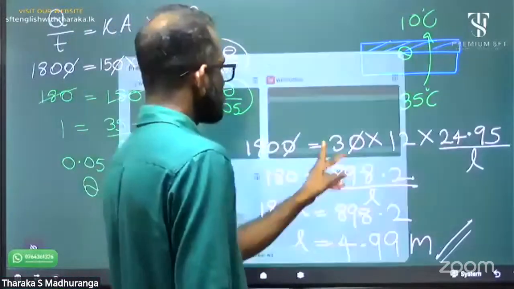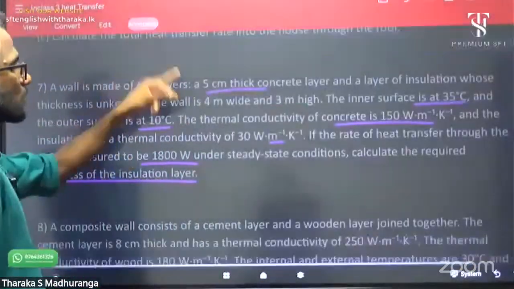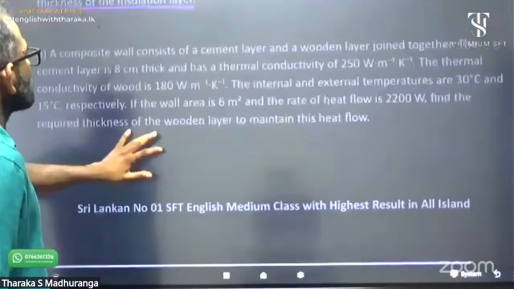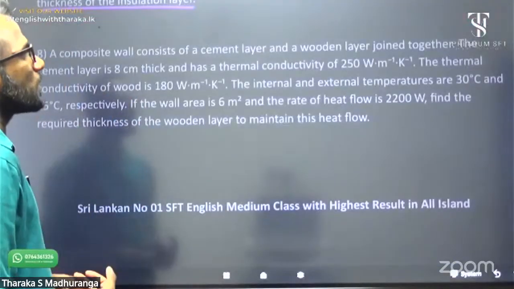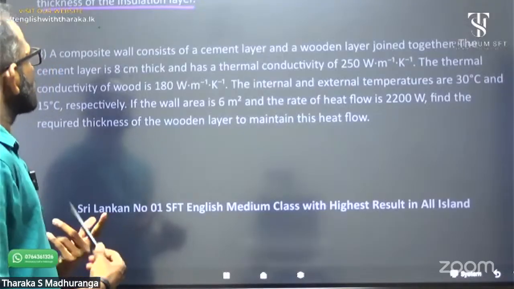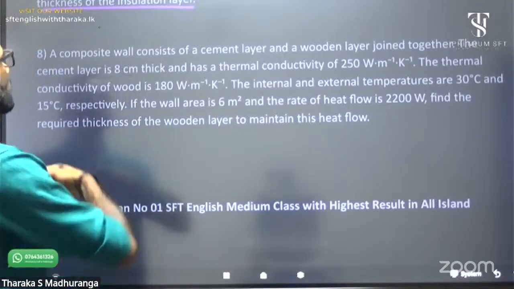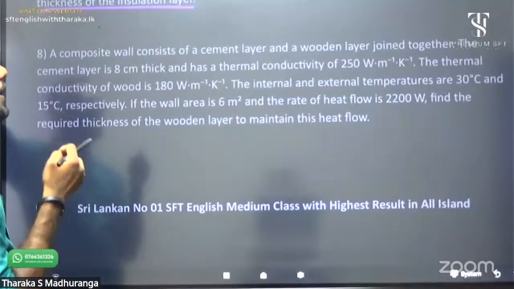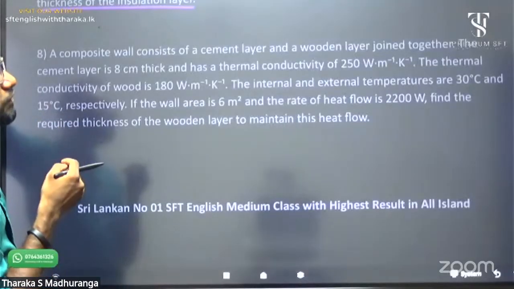Let's move into the final question. A composite wall consists of a cement layer and a wooden layer joined together. The cement layer is 8 centimeter thick and has thermal conductivity 250.